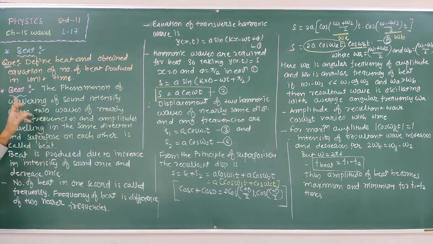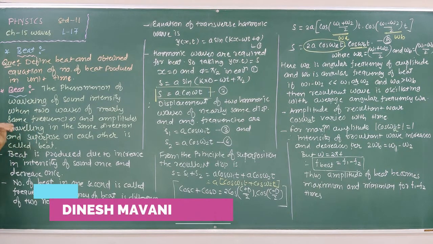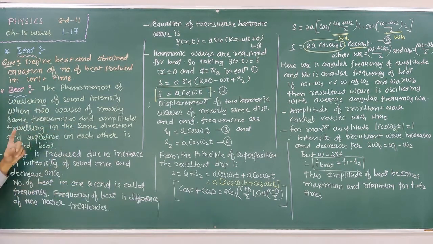Beat is produced due to an increase in the intensity of the sound once and a decrease once.